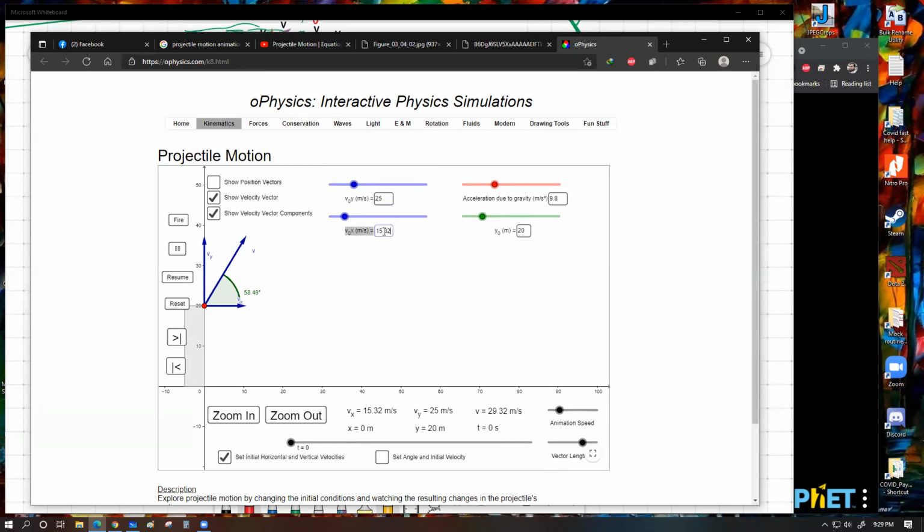Let's say this is exactly 25, and this is exactly 15. So let's say these two components are perfectly set over here. I have chosen in this case to give the input for the initial vertical component and the initial horizontal component.